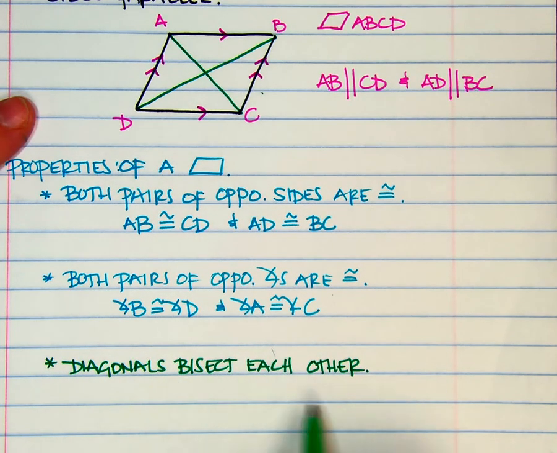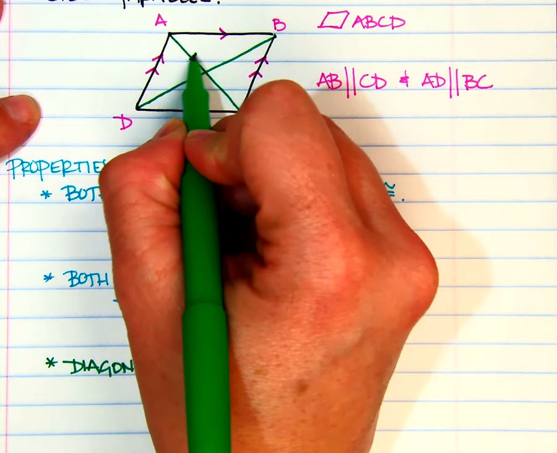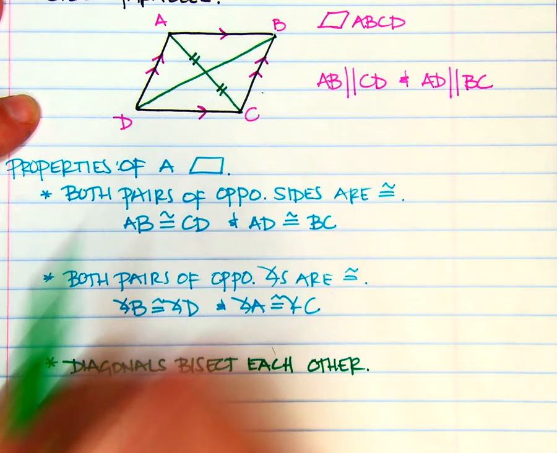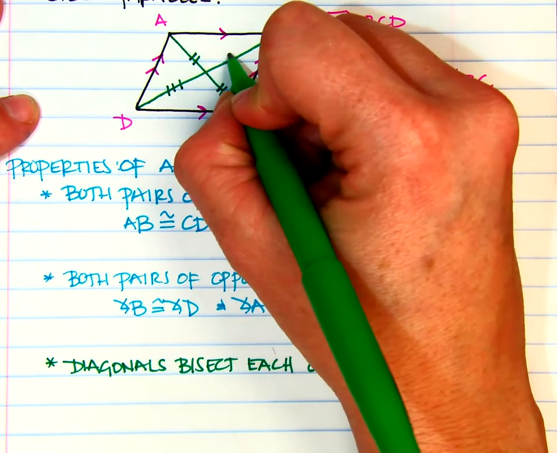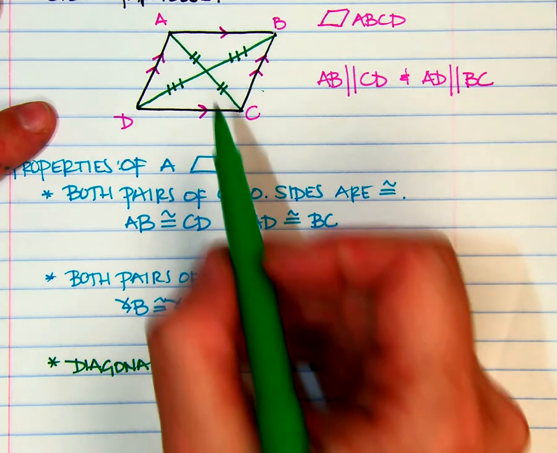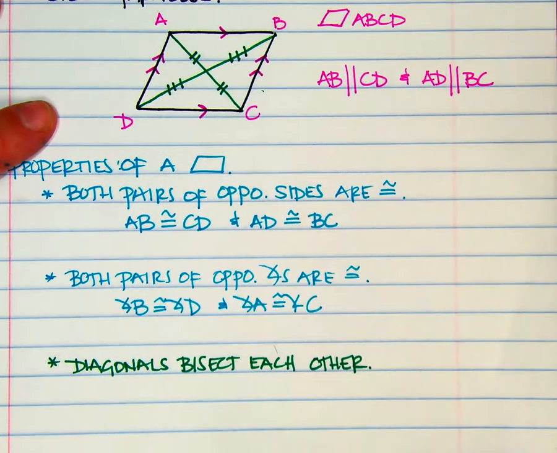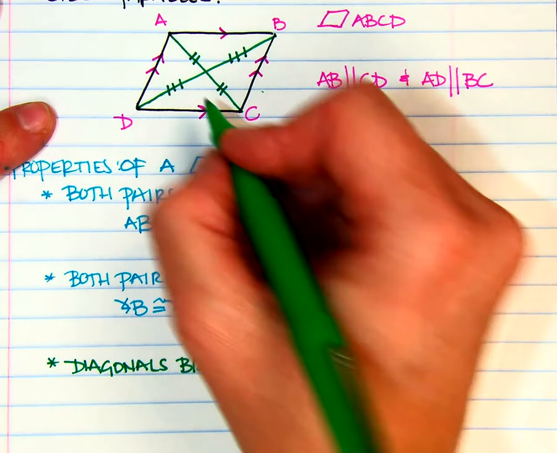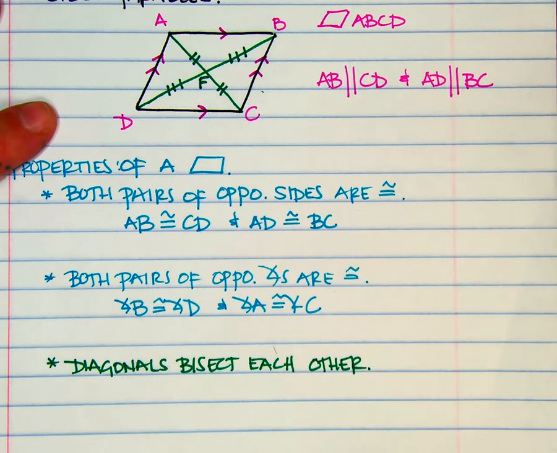They bisect each other, which means they cut each other in half. So this little piece would be congruent to that piece, and this little piece would be congruent to that little piece. Notice I did not use the same number of tick marks because these two are the same and these two are the same. Just so we have something to talk about, I'm going to make this an F right in between.